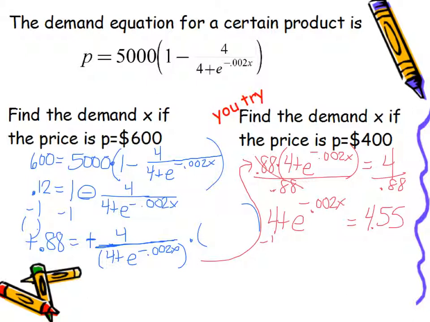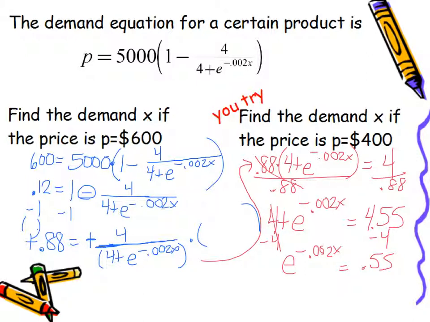I'm going to subtract the 4, just isolating here. And at this stage right here, I kind of am stumped. I'm ready to probably switch forms at this stage.